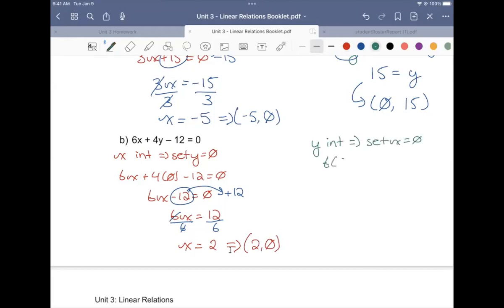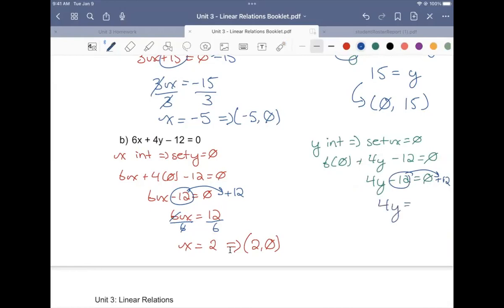And if I solve for my y-intercept, I'm going to set x equal to 0. So I will get 6 times 0 plus 4y minus 12 equals 0. Just going to simplify that down to get 4y minus 12 equals 0. You could do this step and the next step in one step, whichever way you prefer, as long as you show me your work. So that becomes positive 12 again.